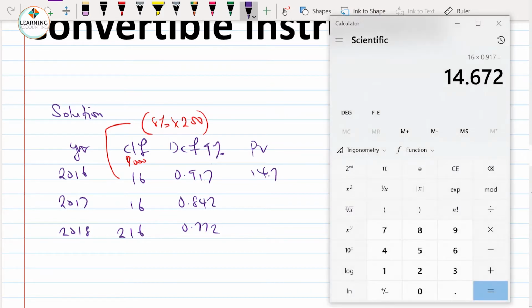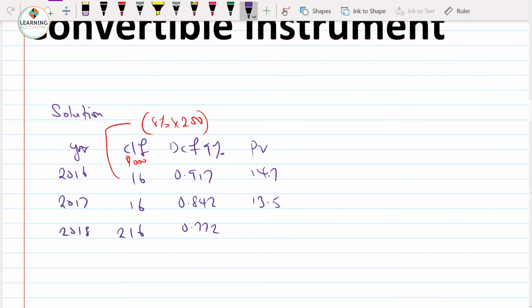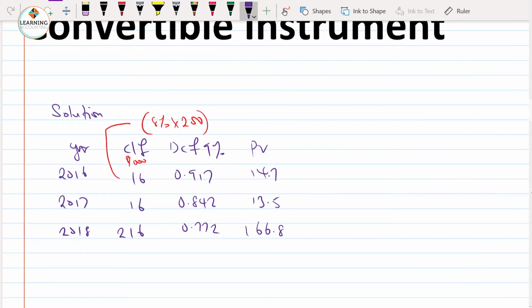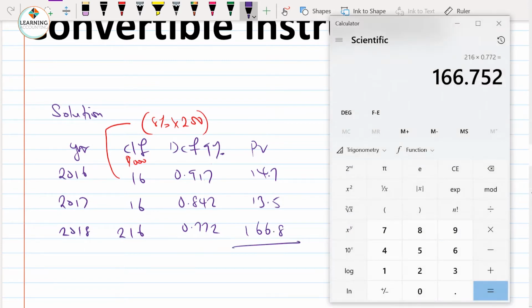Then we have 16 again multiplied by 0.842, and that gives me approximately 13.5. Then the last we have is 216 multiplied by 0.772, and that gives me approximately 166.8.